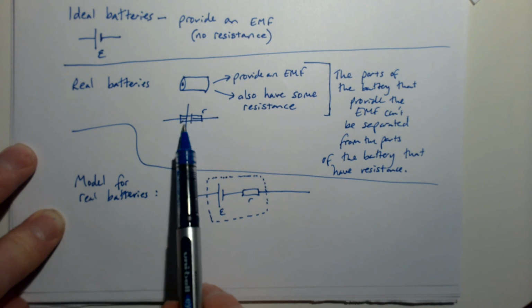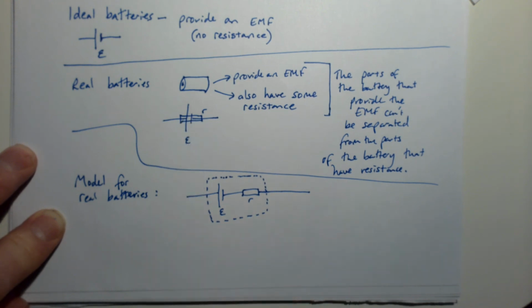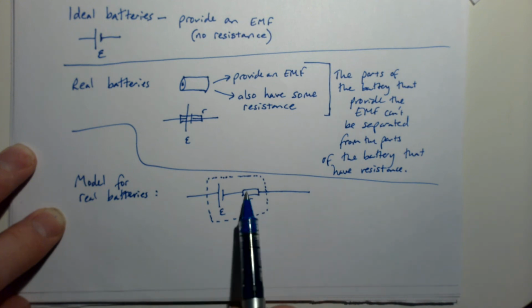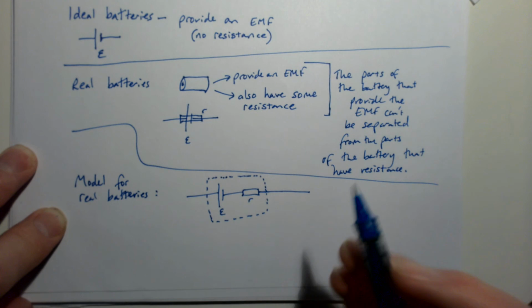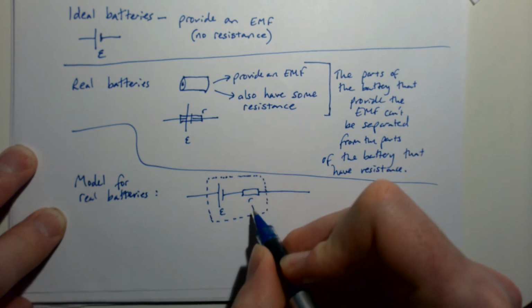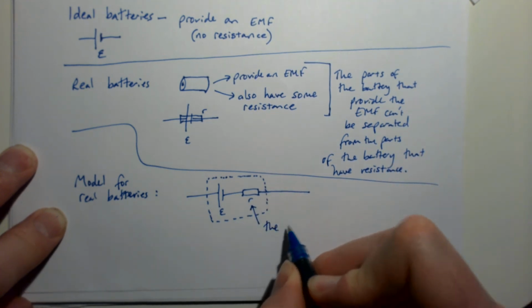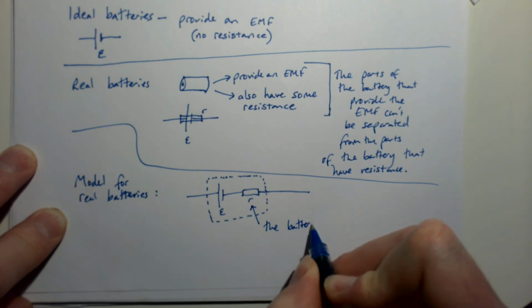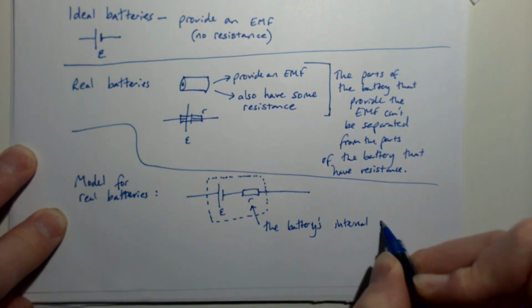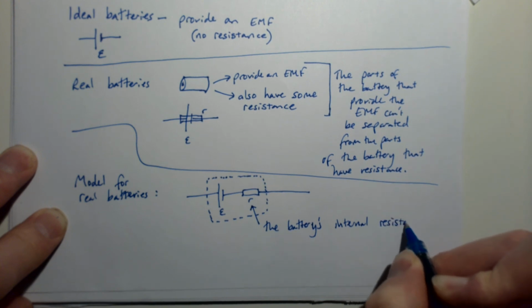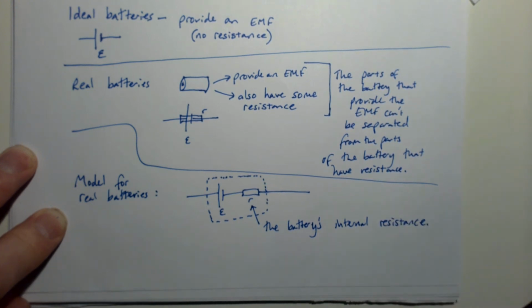We can't do circuit analysis with this smush. Okay. So this is how we represent a real battery with internal resistance. Okay, so this little r is called the battery's internal resistance.